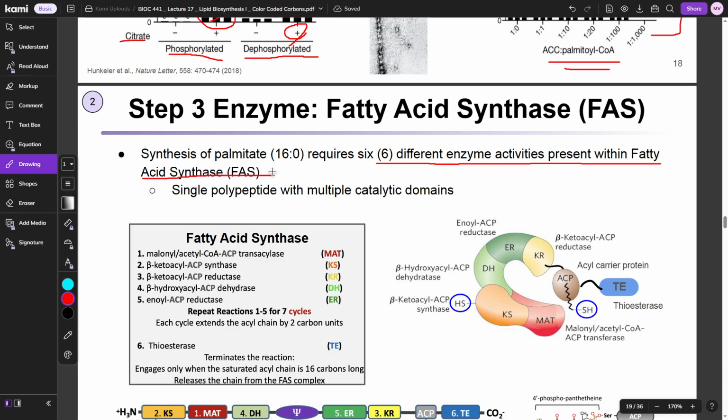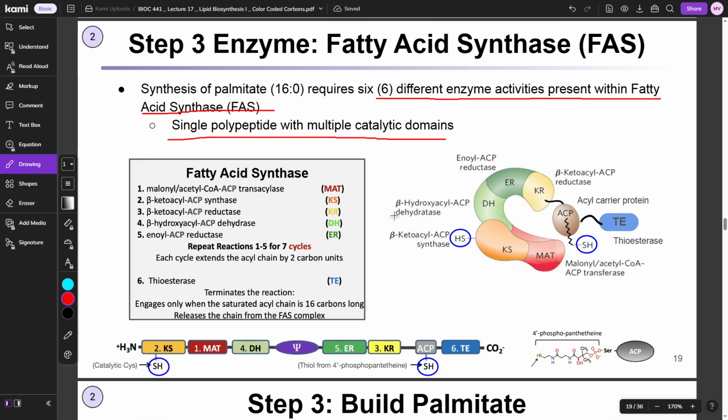So it's like a 6 enzyme complex, if you will. And it's a single polypeptide with multiple catalytic domains. It's like one massive chain, but like 6 different enzymes. It's kind of weird to explain, but think of a really long protein that has multiple catalytic sites and acts as different enzymes all at once.